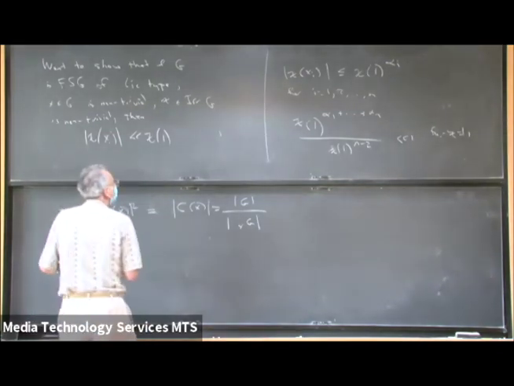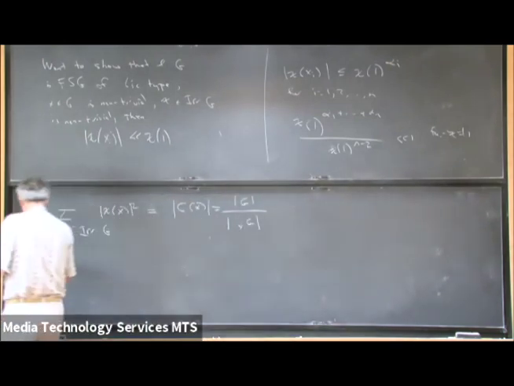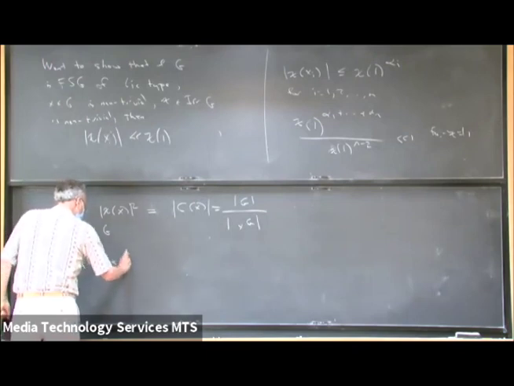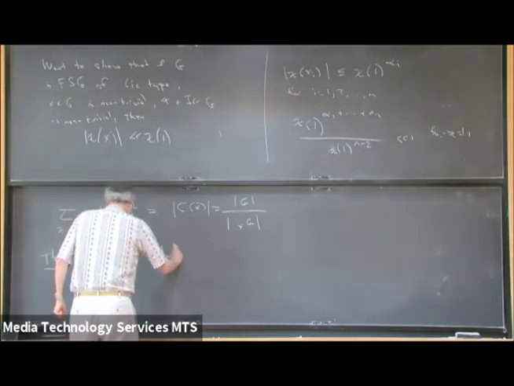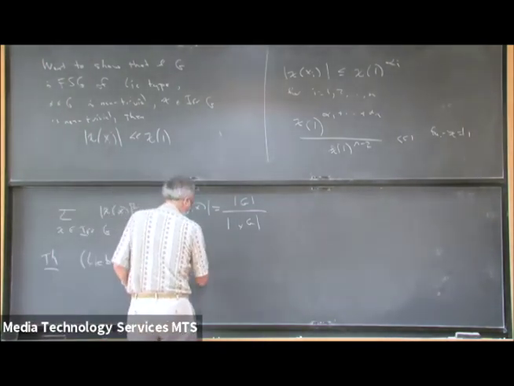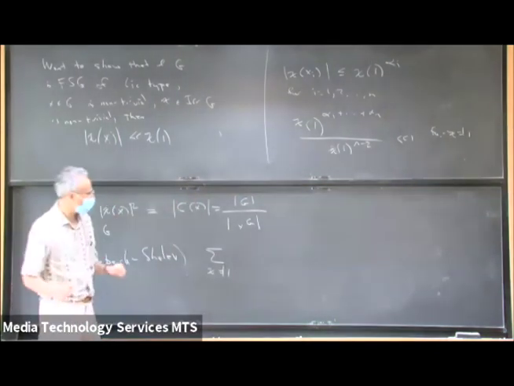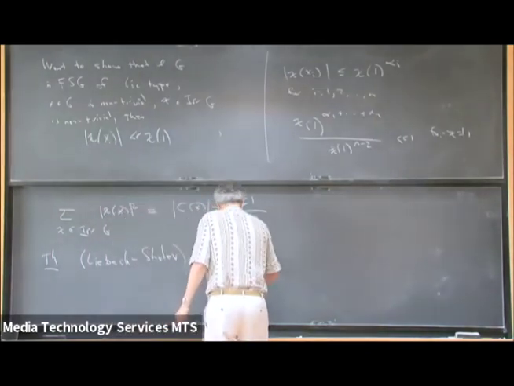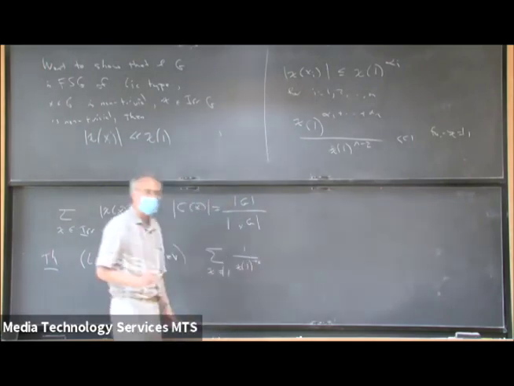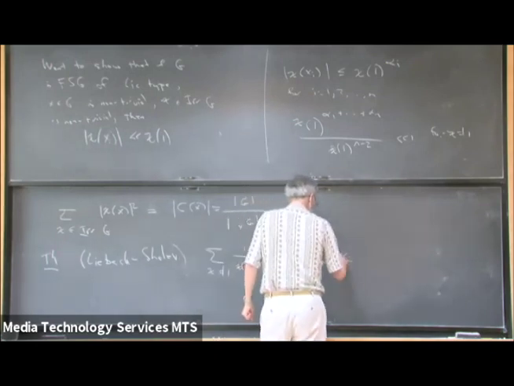All right, so that's what we want to do. Let me just make a comment here. There's a relevant theorem due to Liebeck and Shalev. Much stronger things are true if you exclude groups of low rank, but in any case, the following is always true: if you take the sum over all non-trivial irreducible characters of 1 over chi of 1 to the power of 1 plus epsilon, this goes to 0 as your finite simple group goes to infinity.